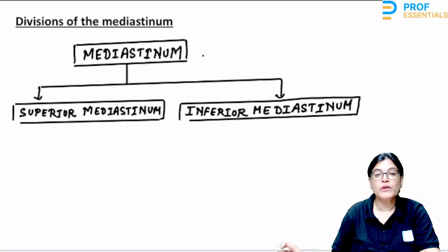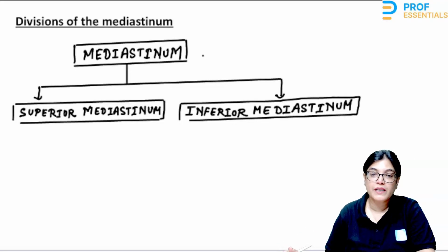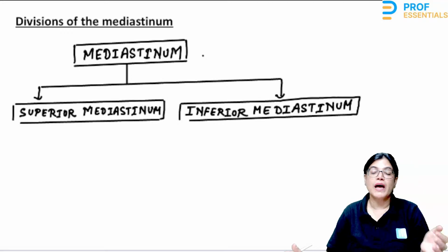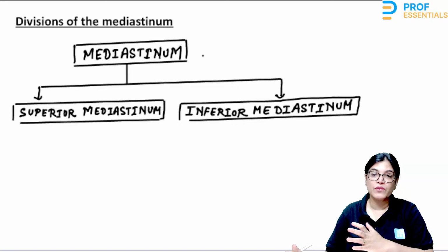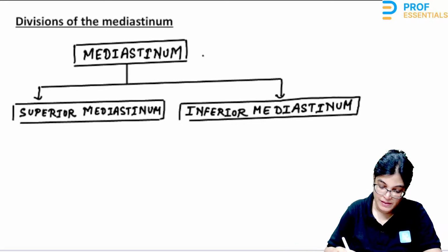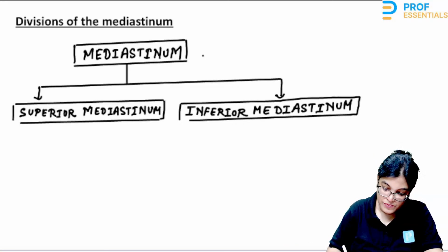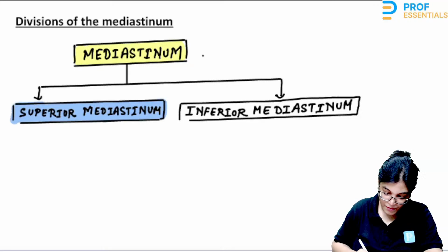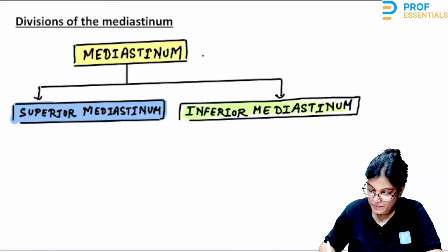This division, we know, happens via an imaginary plane passing through the sternal plane anteriorly through the angle of Lewis and posteriorly in between the thoracic vertebra T4 and T5 intervertebral disc. So this is very easy for you to understand. The mediastinum is further divided into superior mediastinum and inferior mediastinum.